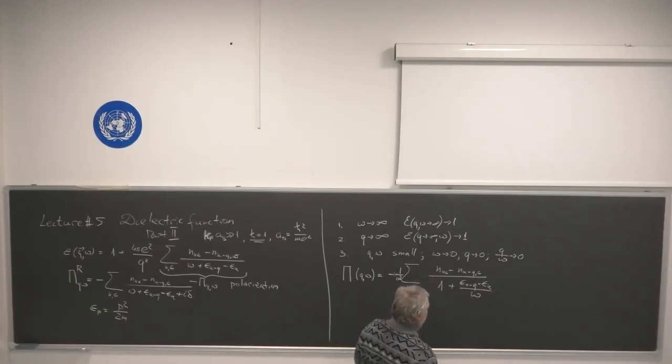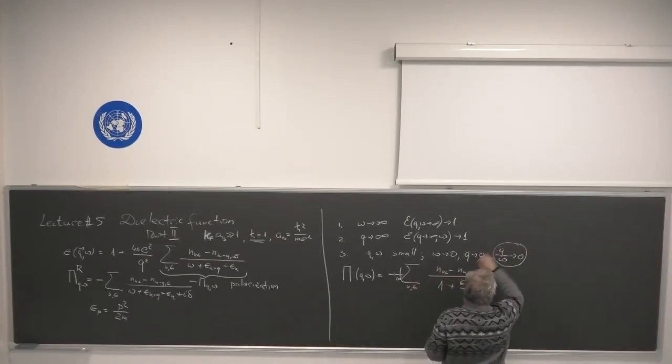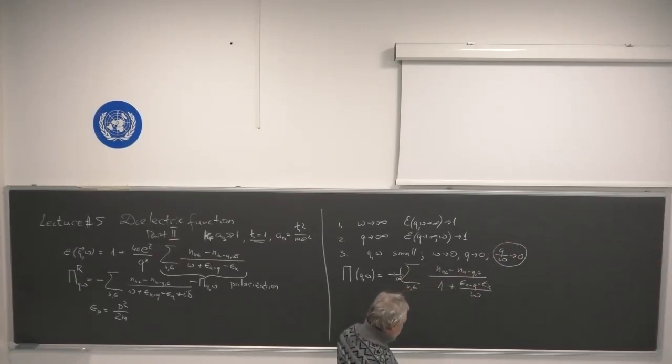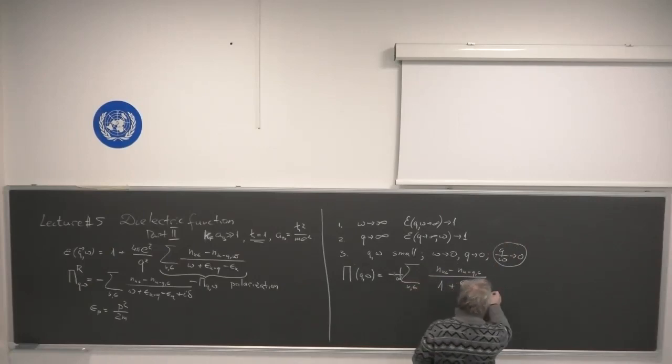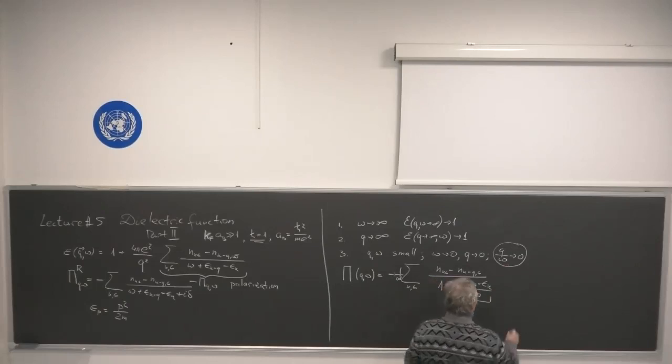But since I'm going to take this limit, I can expand my denominator in terms of this function, which in this limit is considered to be small. This is a legitimate Taylor expansion.